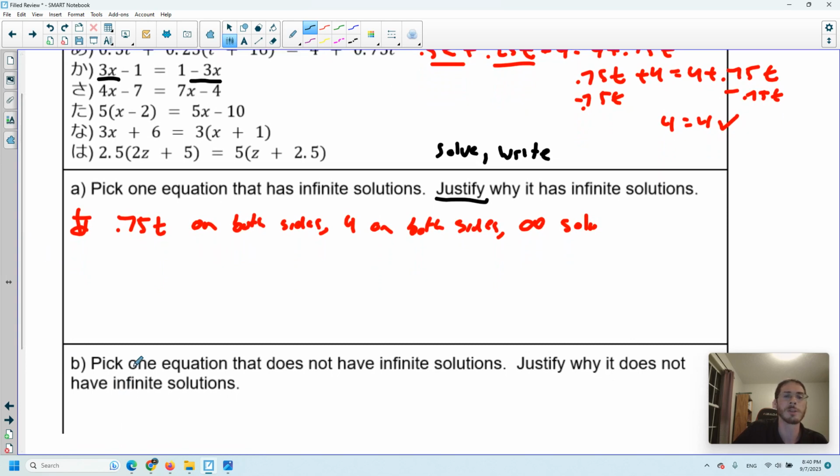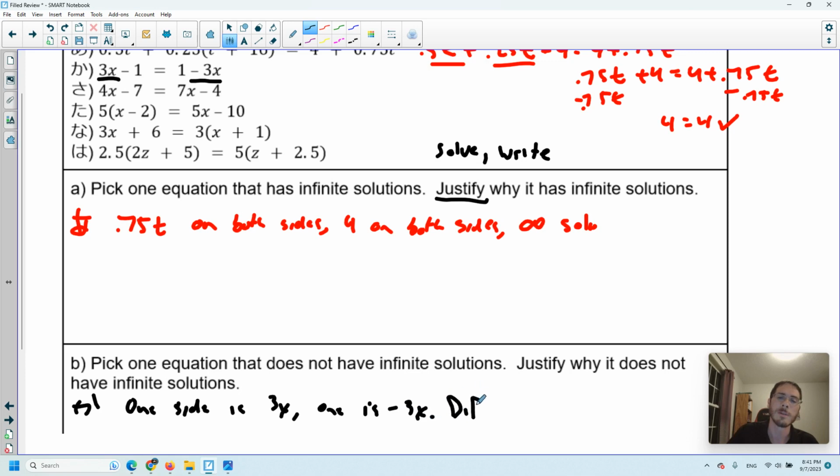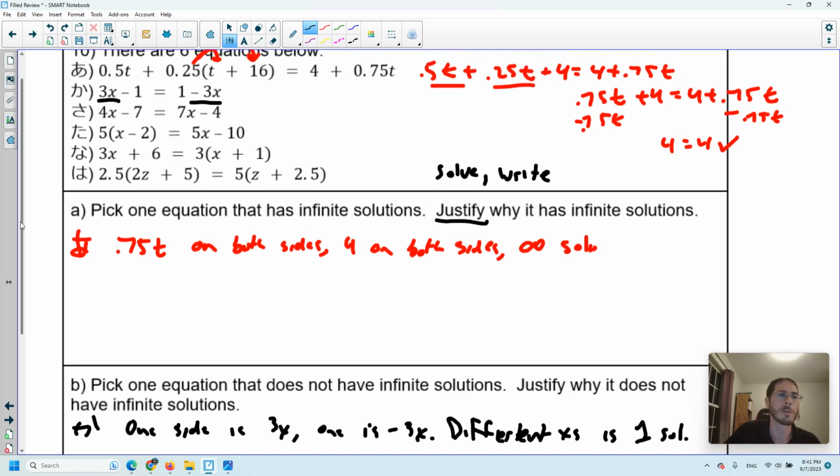So again, if I want to go with the writing step, I would say for Ka, we have one side is 3x, one is negative 3x, different x's is one solution. So we know that it does not have infinite solutions because we can see that it's got one solution.